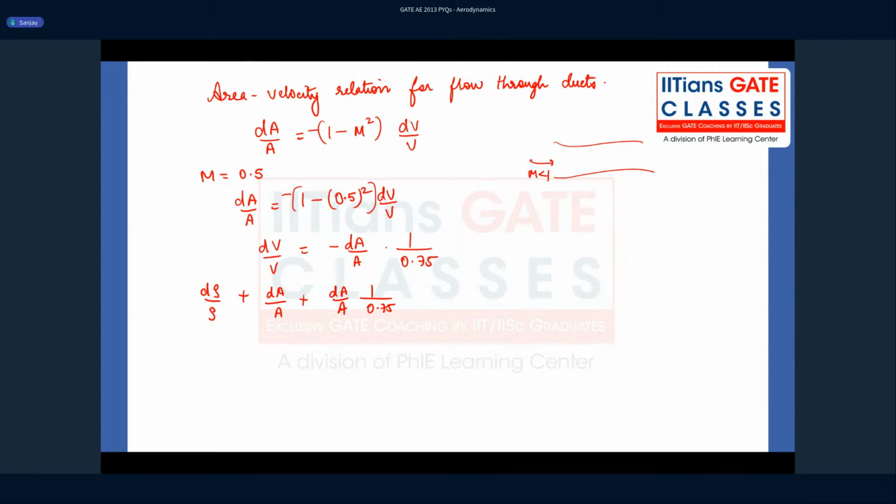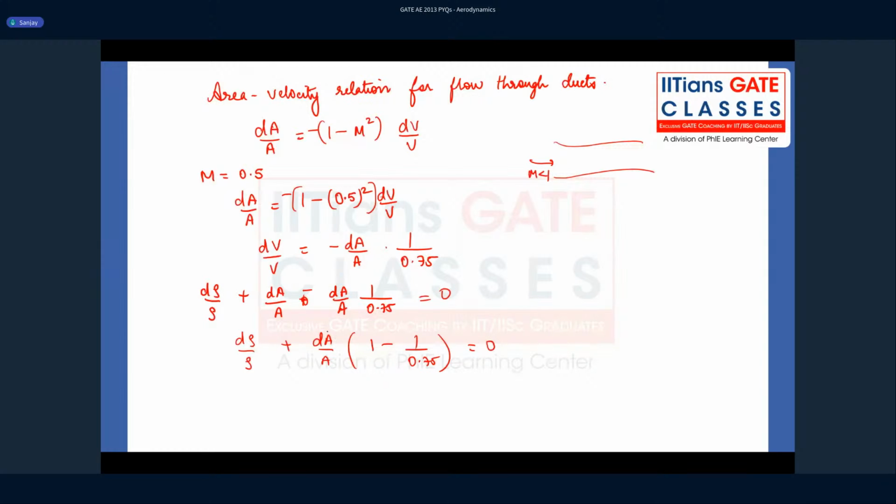Yeah, there is a negative sign in the formula itself. So this is going to be negative, equal to 0. So from here, you can now write d rho by rho plus dA by A into 1 minus 1 by 0.75 is equal to 0.